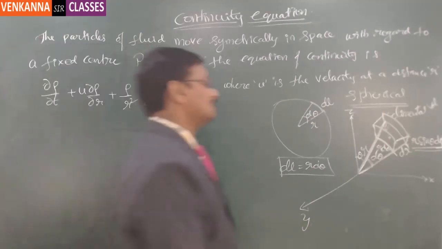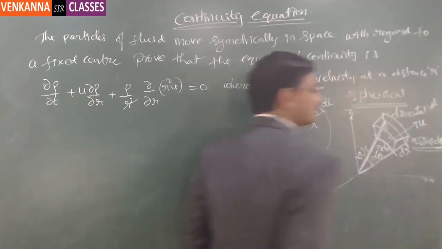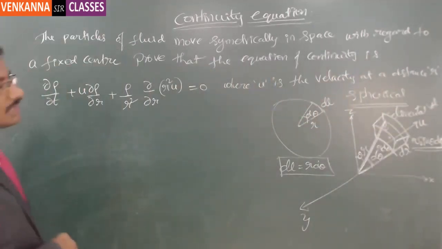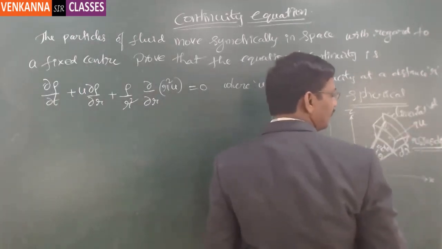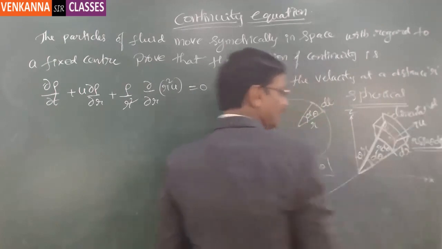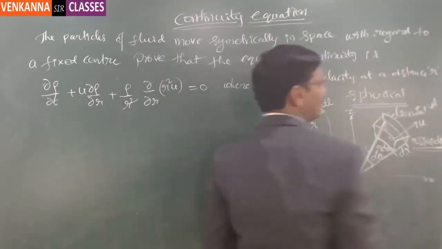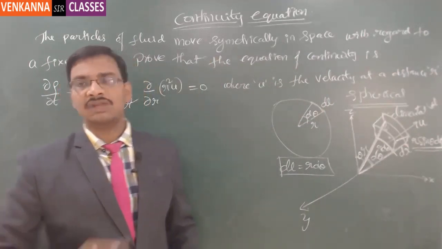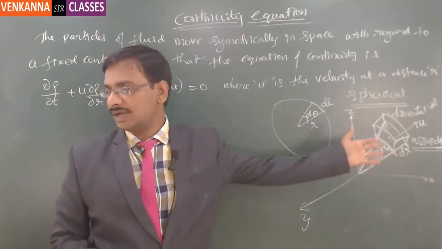Now the velocity along the radial direction, u is the velocity of the fluid. The fluid that is getting entered into the space will be opposite to this particular direction, that is minus. I have explained this concept yesterday. The convention is taking away from the point, so that is the velocity direction.